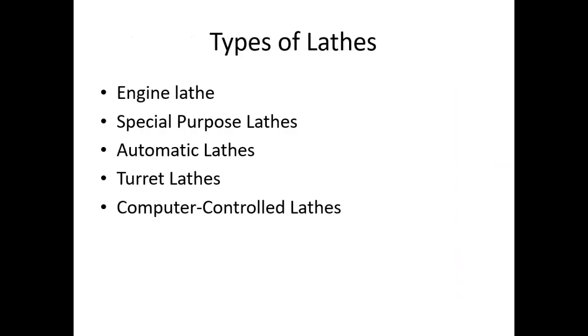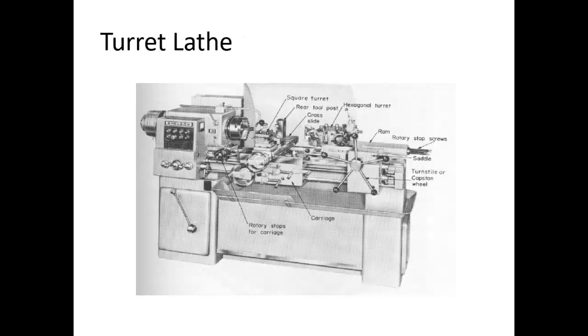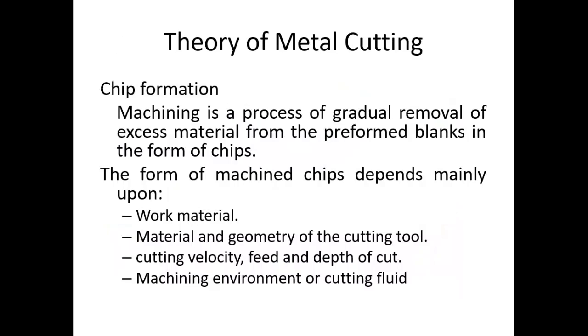The automatic lathe is used to do operations that cannot easily be done by conventional lathe machines. And computer controlled means CNC machines. All the types of lathe machines look similar, but they do different kinds of work. That is why they have different names.